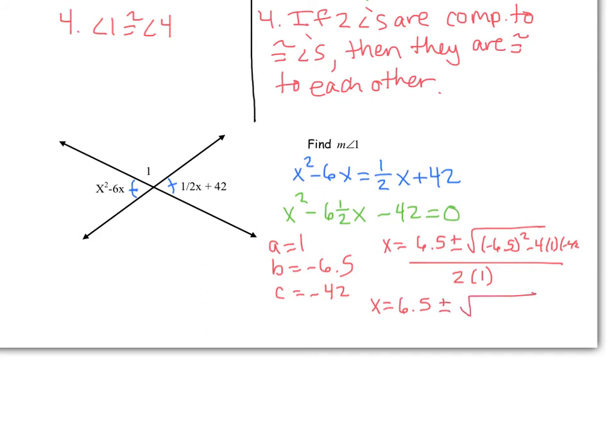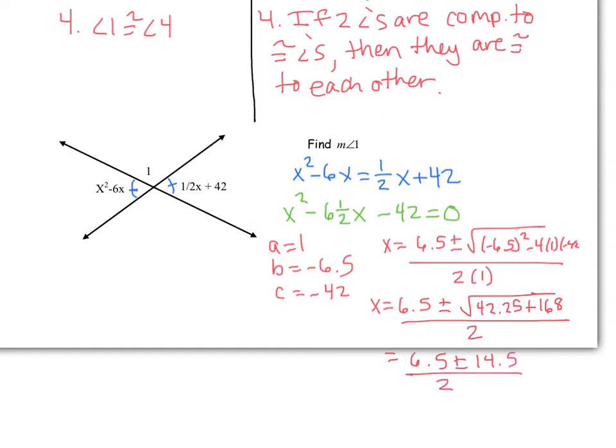Negative 6.5 squared is 42.25. Negative and negative is going to be plus 168 over 2. The square root of that gives you plus or minus 14.5.